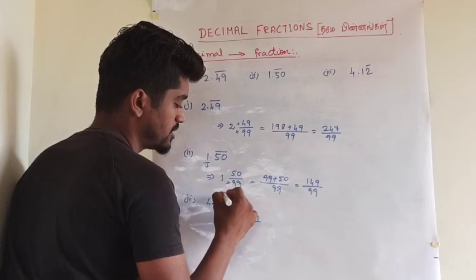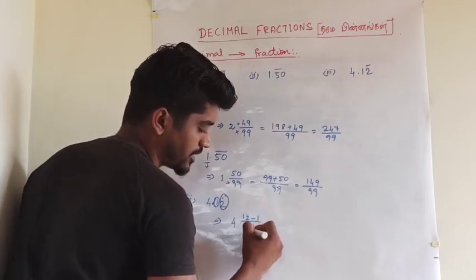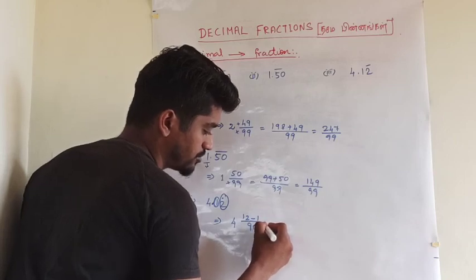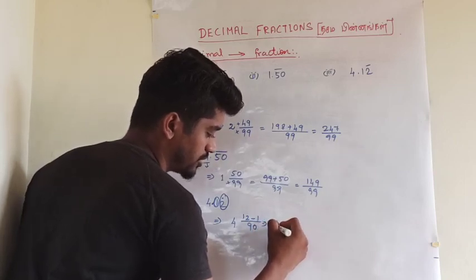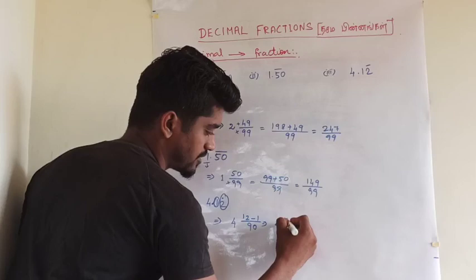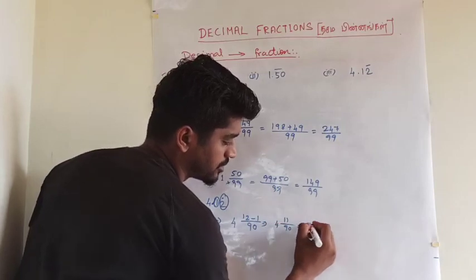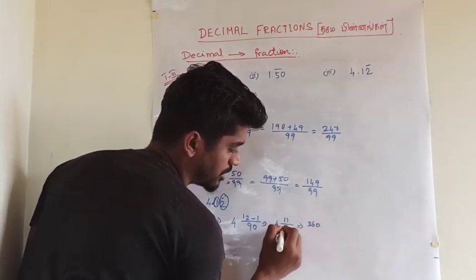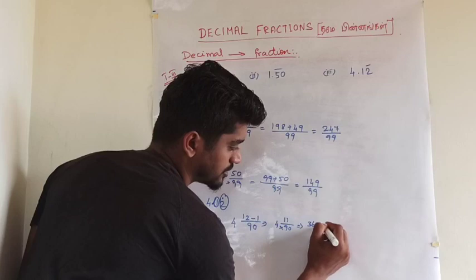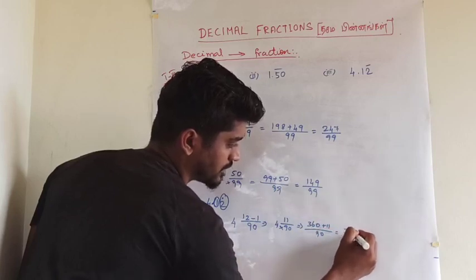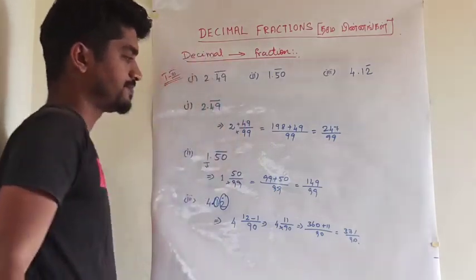Here only one digit is repeated, so write 1 time 9, and 1 is not repeated, so we put a 0. 4 into, 12 minus 1, 11 by 90. So we have to simplify, multiply 4 with 90, 360 plus 11 divided by 90. So 371 divided by 90.